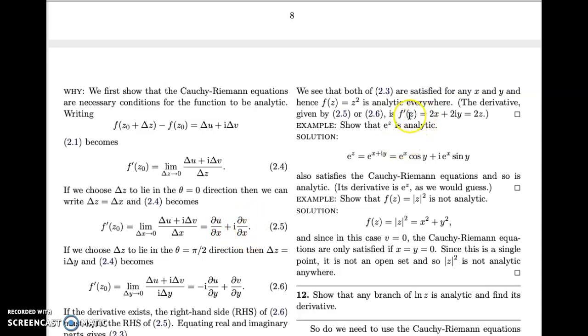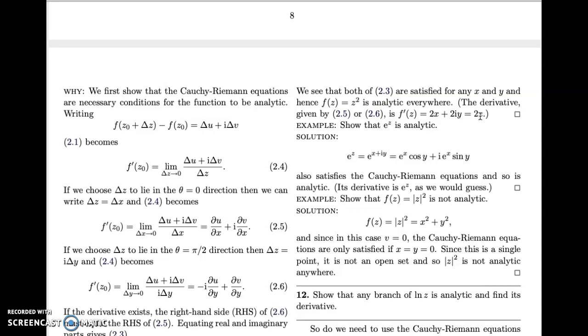So sure enough, we get 2x plus i times 2y, that is 2x plus 2iy, and if we replace x plus iy by z, we get 2z. As you would sort of expect, you would guess that the derivative of z squared should be 2z. You would hope that.